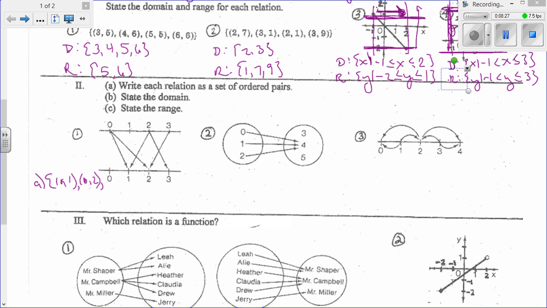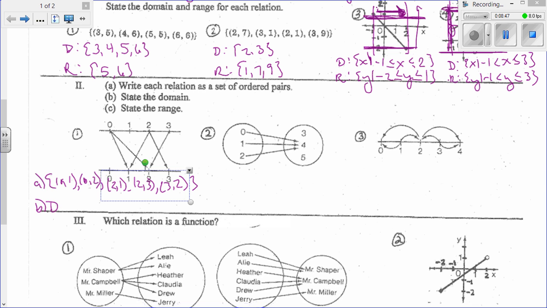Nothing goes from 1, so 2 maps to 1 and 2 maps to 3. So (2, 1) and (2, 3). Finally, 3 maps to 2, so (3, 2). So that's my set of ordered pairs.